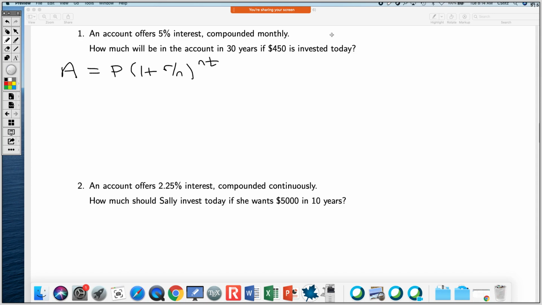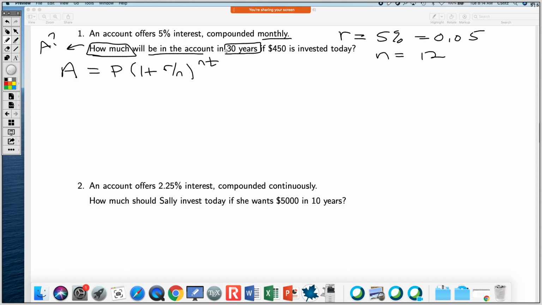5% interest compounded monthly. So that tells us that the R here is 5%. And once again, that's 5% per year. As a decimal, that's 0.05. Compounded monthly means the N here is 12. They're asking us how much will be in the account. So that means they're asking us to figure out what A is.